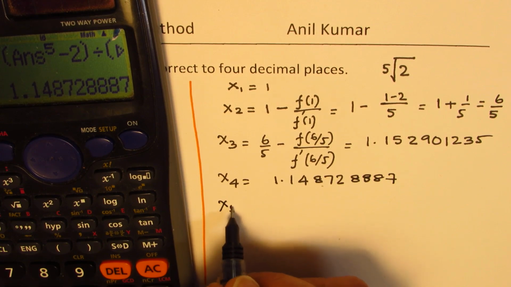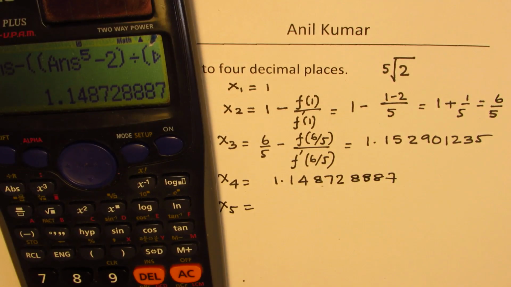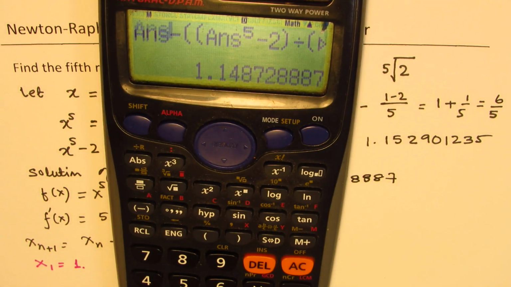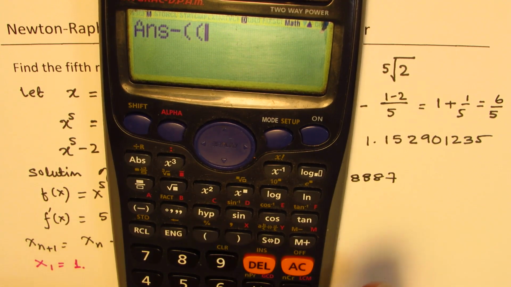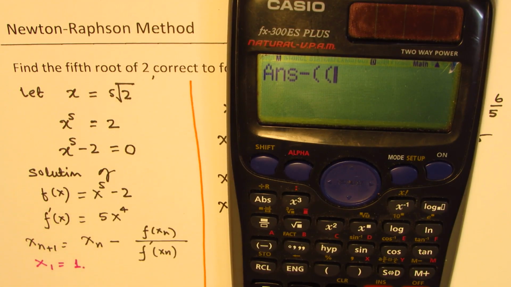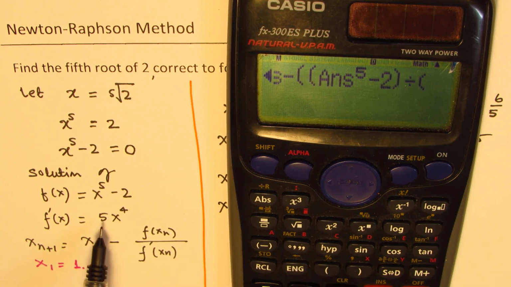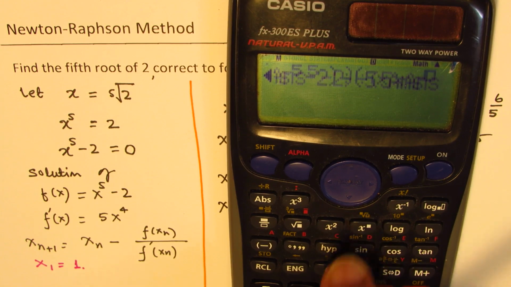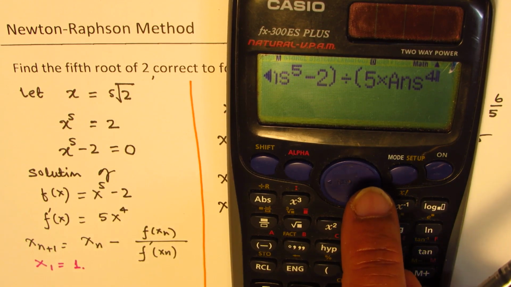Now let's find x5. I hope the process is clear to you. So you can always do this: answer minus these 2 brackets, value of the function, which is answer to the power of 5 minus 2, divided by the derivative of the function, which is 5 times answer to the power of 4, right?